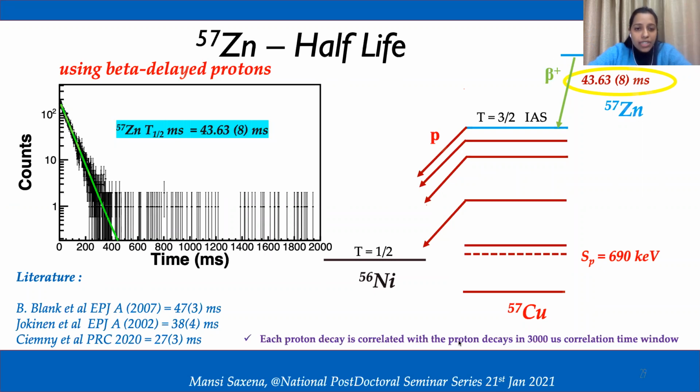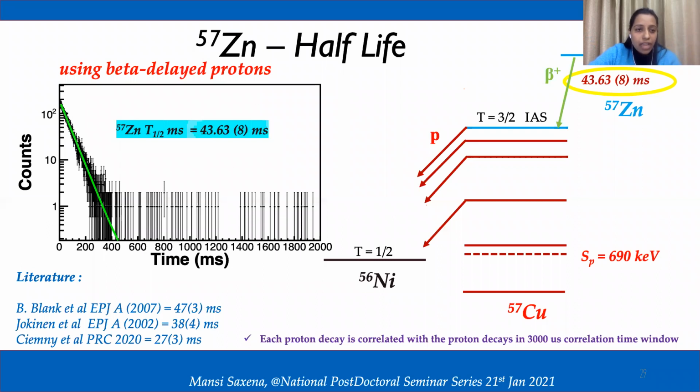In our case, we had set the correlation time window to about 3 seconds. This decay curve was fitted with an exponential decay function having a constant background. I should add here that, due to the high pixelation of the DSST detector and the low implantation rates, the background was sufficiently low.